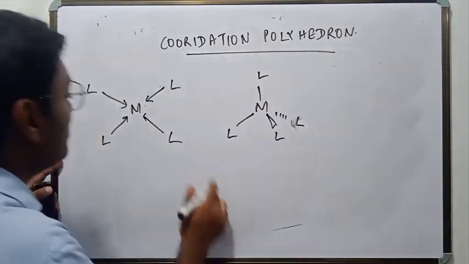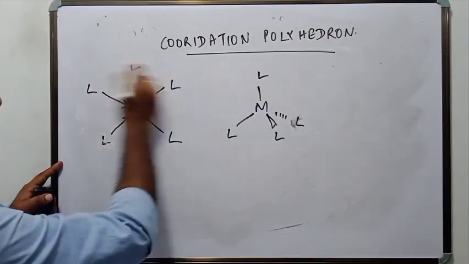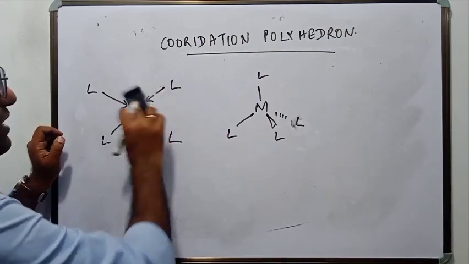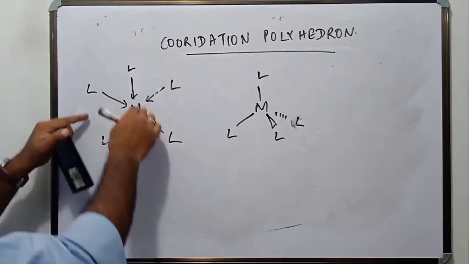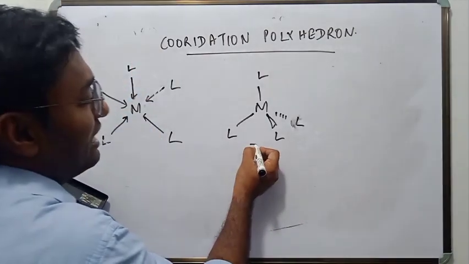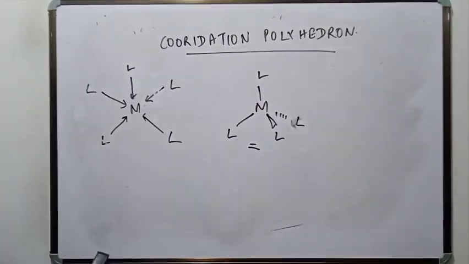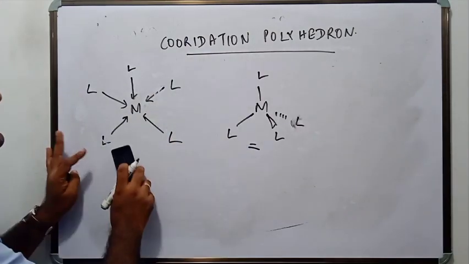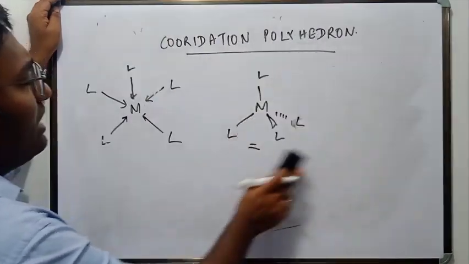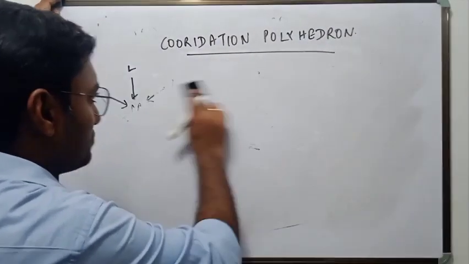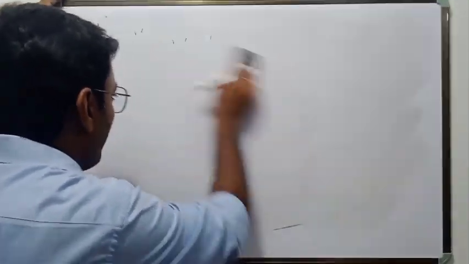In the square pyramidal structure, one ligand is different. This is the square polyhedron, this is the square pyramidal polyhedron, and this is the tetrahedral polyhedron. So what we are seeing is that after the formation of coordinate covalent compounds, they go for definite geometrical shapes, called coordination polyhedron. Dear students, these are the terms that are associated with coordinate covalent compounds.